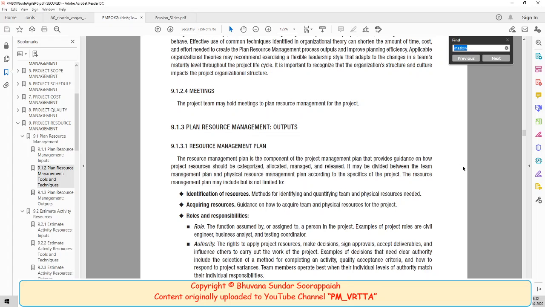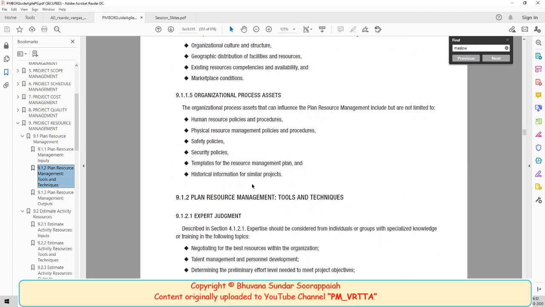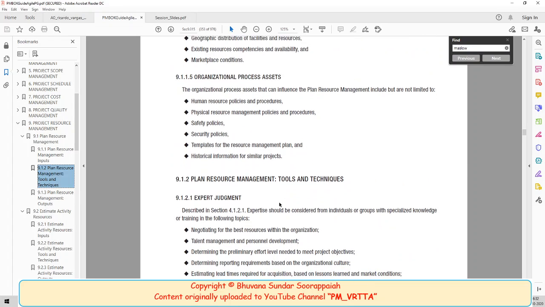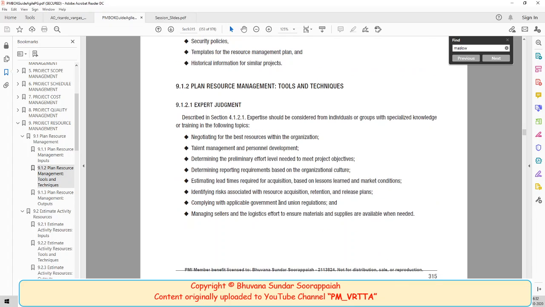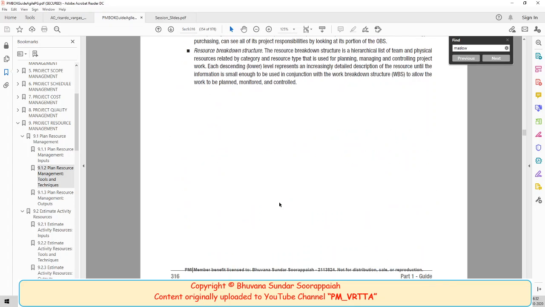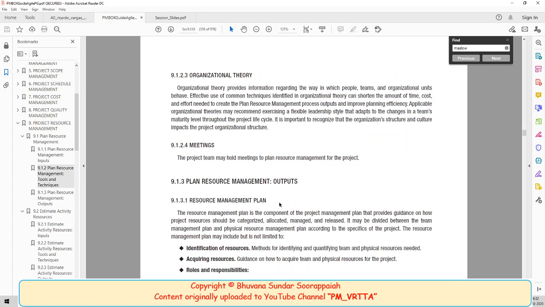And funny thing is, when you go to resource management tools and techniques, and then to that particular tool and technique, organizational theory, are you able to see this organizational theory section? There's not much, just a small paragraph. Organizational theory provides information regarding the way in which people, teams, and organizations.